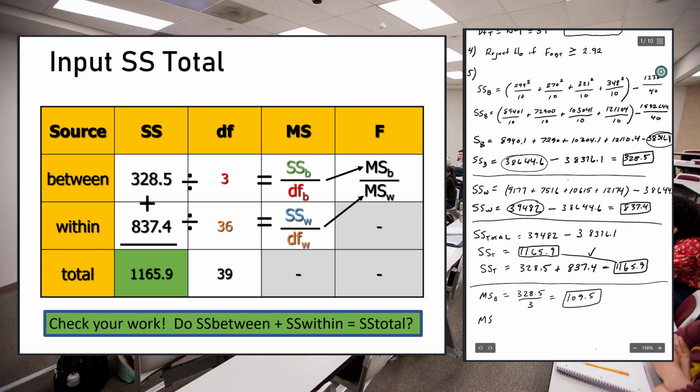And mean square within is equal to 837.4 divided by 36, which is 23.26. So again, you're just taking the sum of squares and dividing it by its respective degrees of freedom value to get the mean square values.